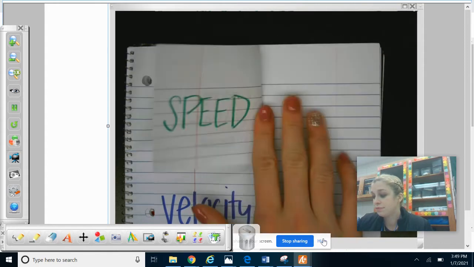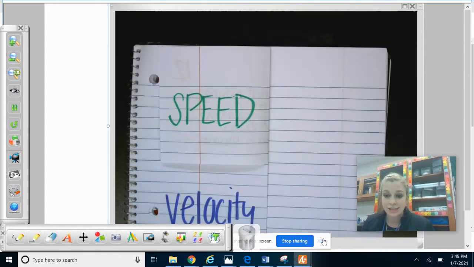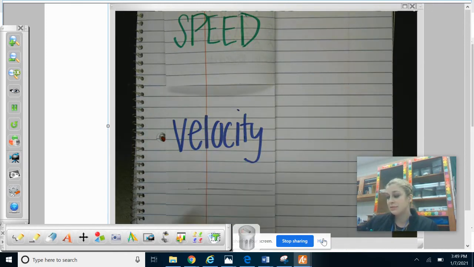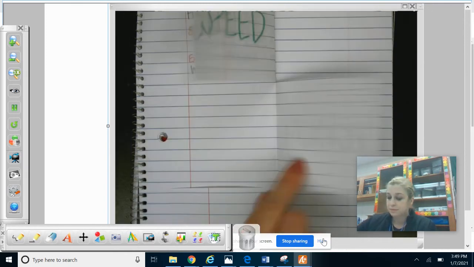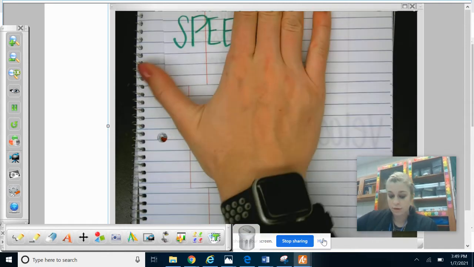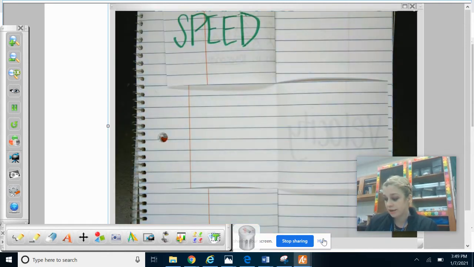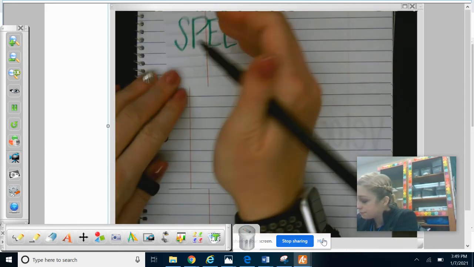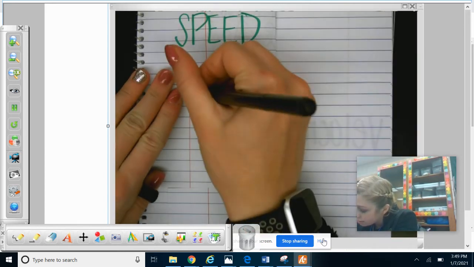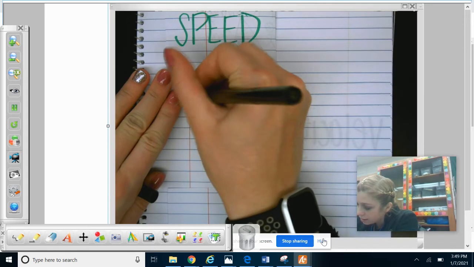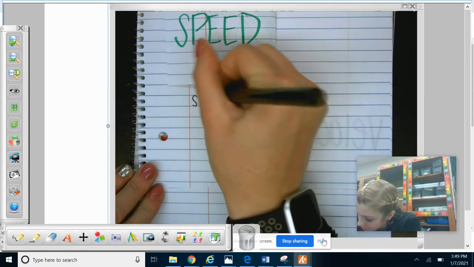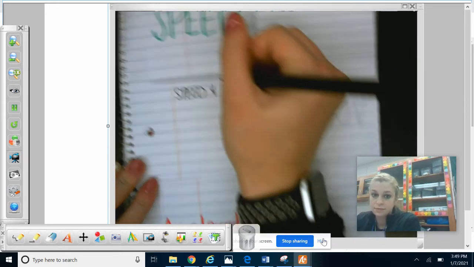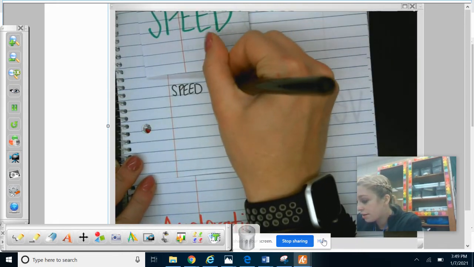All right. Let's go to velocity. I like velocity because it's very similar to speed. So velocity's definition is, let's put on this line, speed and a direction.